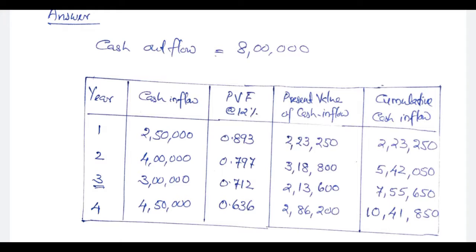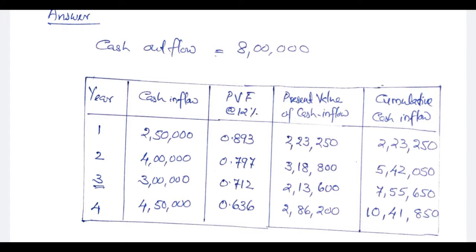After that we have to find out the present value of each cash inflow. The first year present value of cash inflow is 2,50,000 multiplied by 0.893, which comes 2,23,250. Second year present value is 4 lakh multiplied by 0.797, which comes 3,18,800.